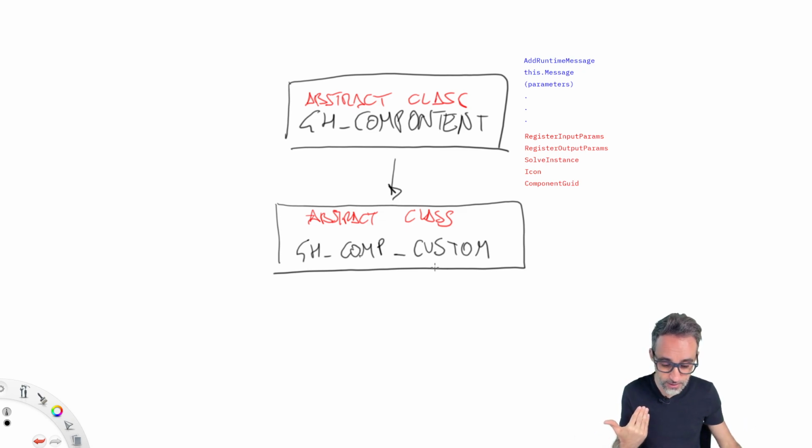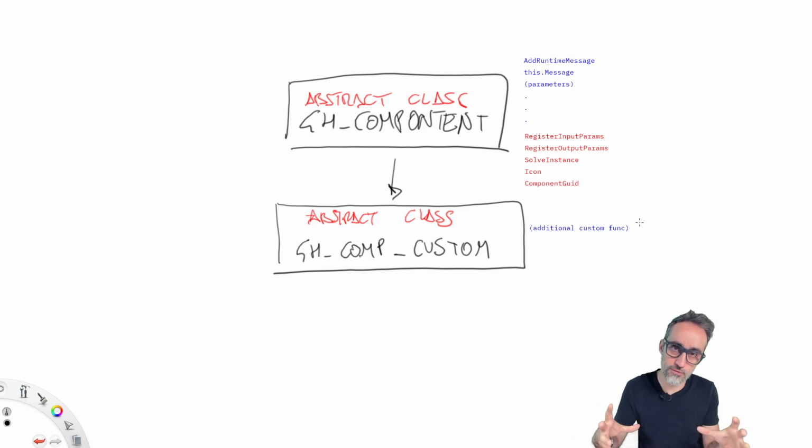For example, in our case, we're probably going to call this Grasshopper component post, because we're going to create an abstract class that inherits from a parent. And in that abstract class, we're going to add additional custom functionality that is going to be shared by all components.